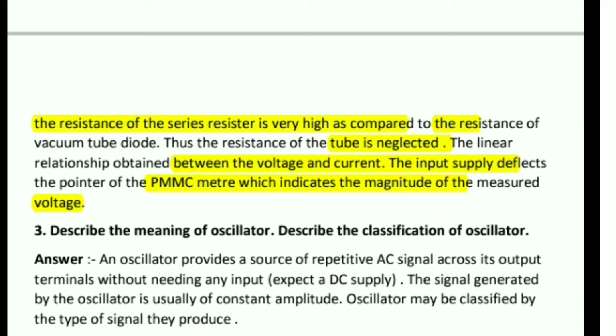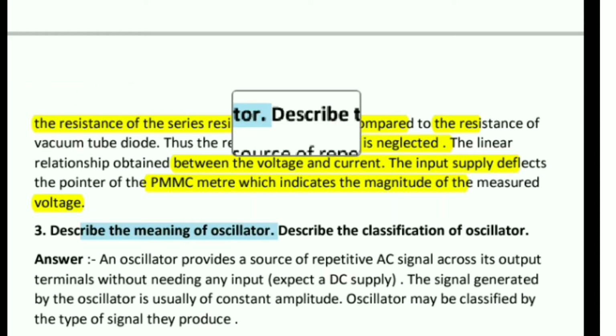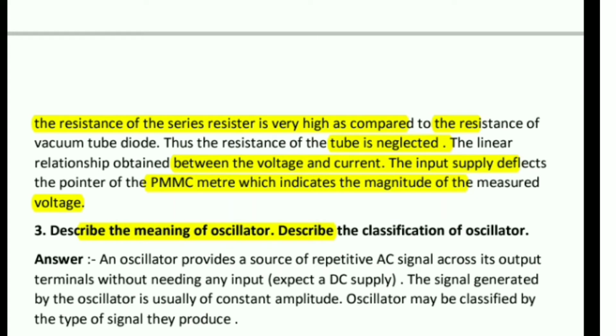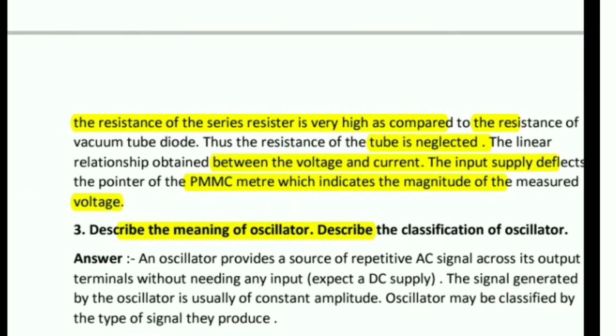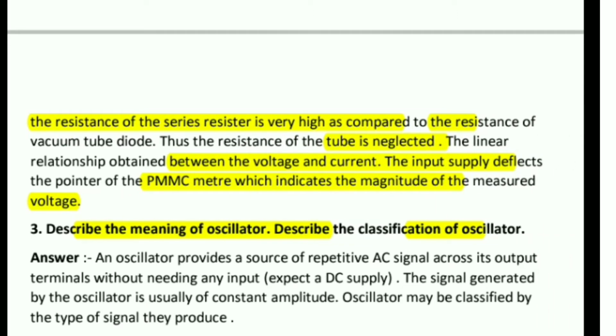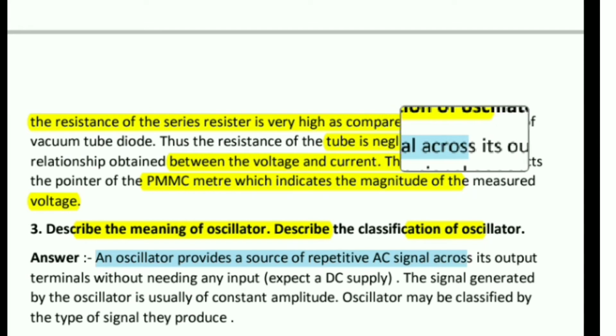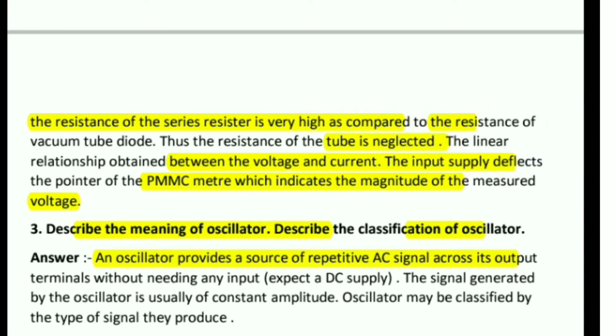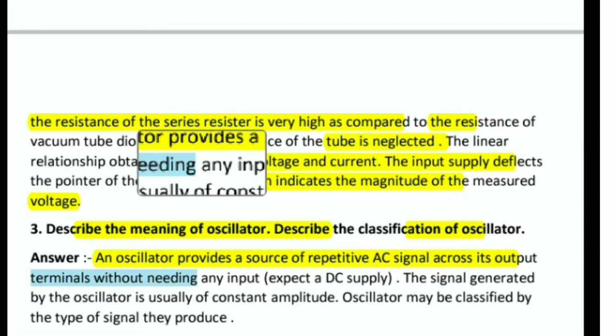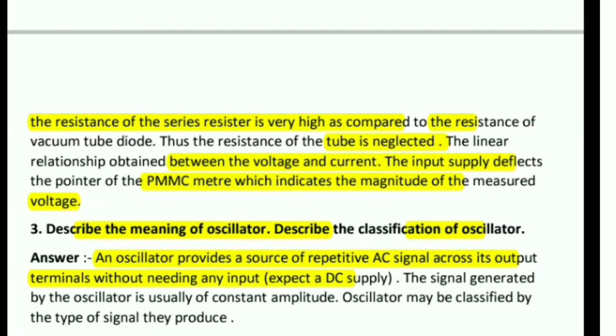The third question is, describe the meaning of oscillator. Describe the classification of oscillators. So what is an oscillator? The answer is, an oscillator provides a source of repetitive AC signal across its output terminal without needing any input except a DC supply.